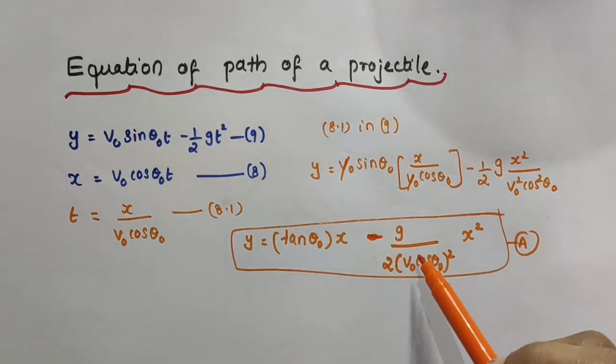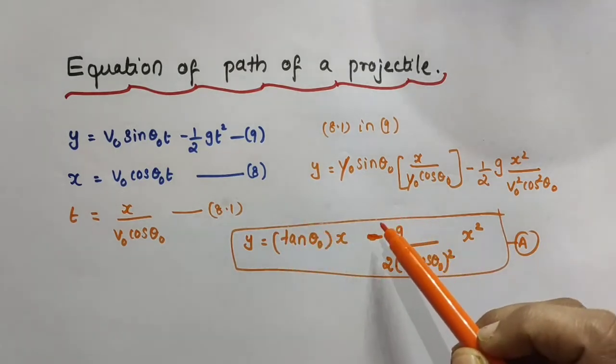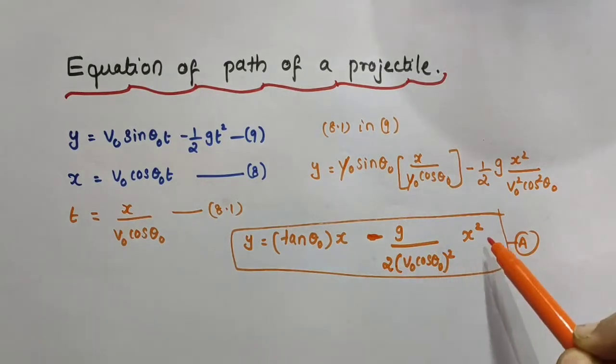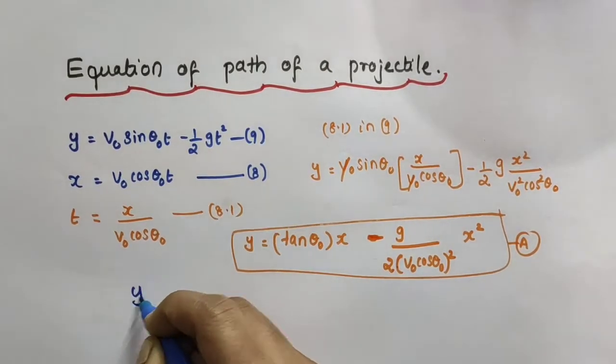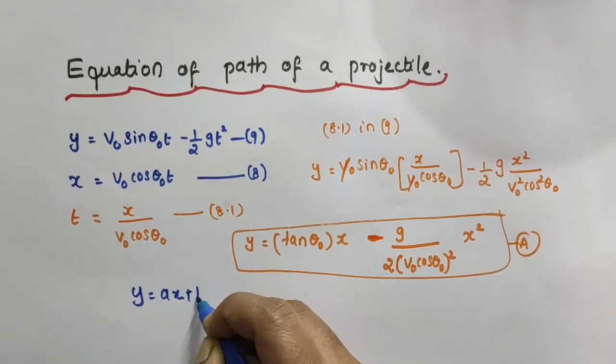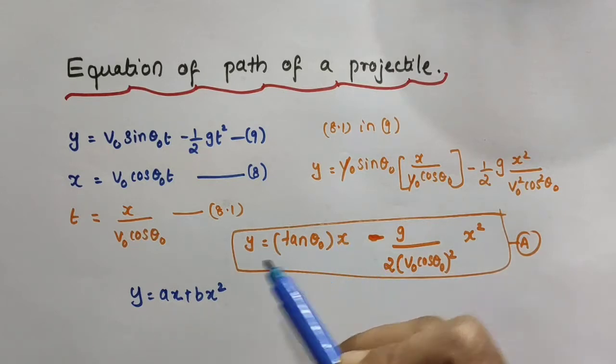So this equation is in the form of a constant into x, minus a constant into x square, that is y equal to ax minus bx square, where a and b are constants. So this is actually the equation of a parabola.